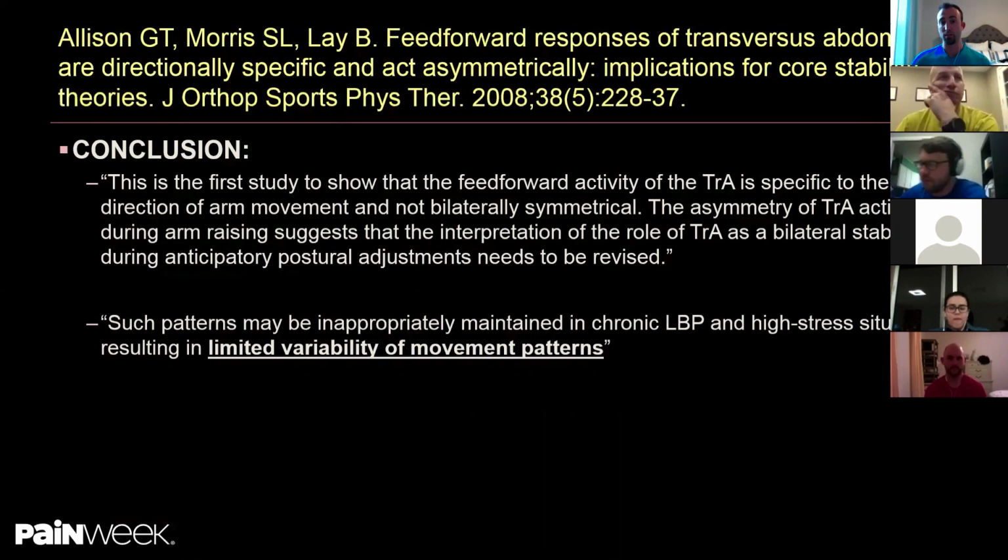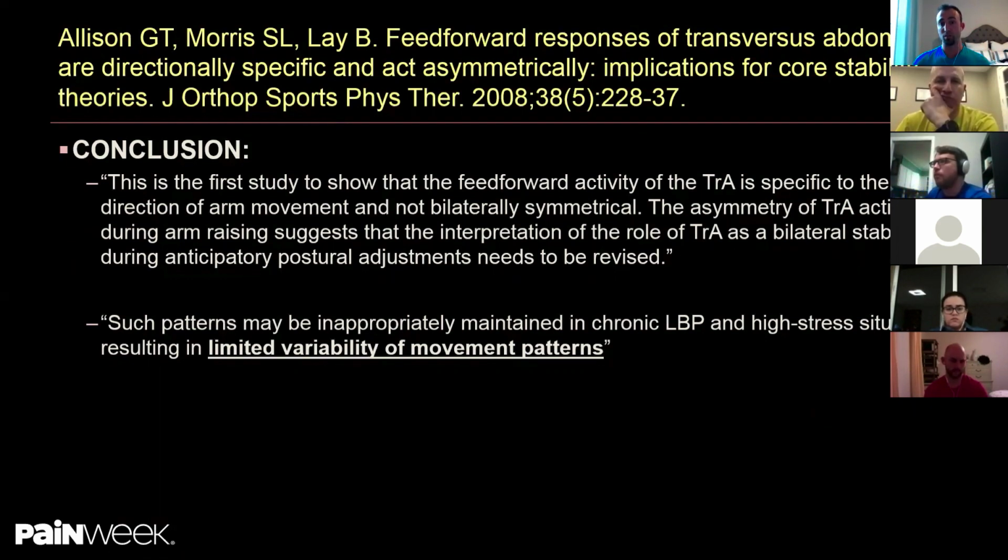Gary Allison in this study kind of set up the same type of deal that Paul Hodges had in the previous study that we looked at, but he looked bilaterally and found out that when you raise your arm, it's the opposite side that contracts anticipatorily, or prior to the movement, and the ipsilateral side of the transverse abdominis activates at a later time.